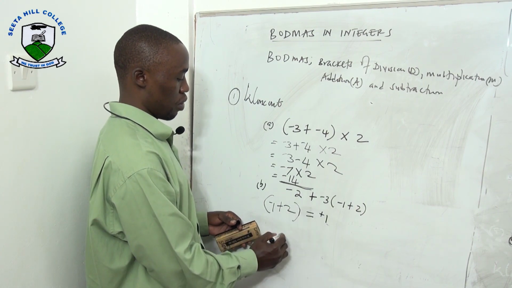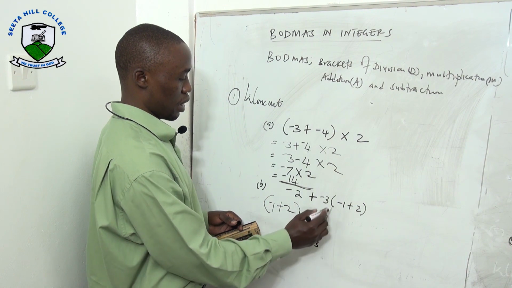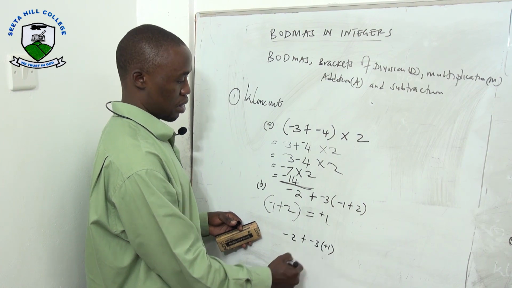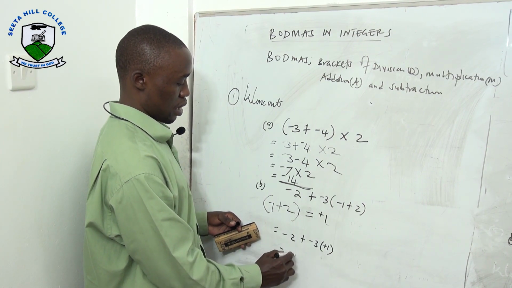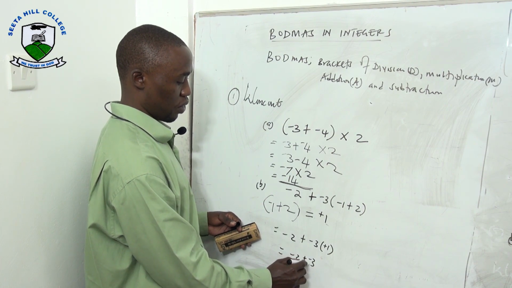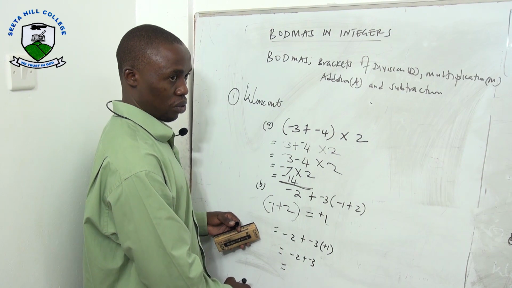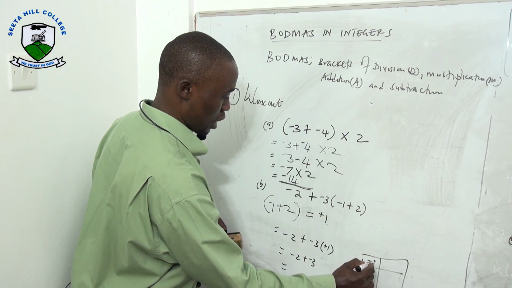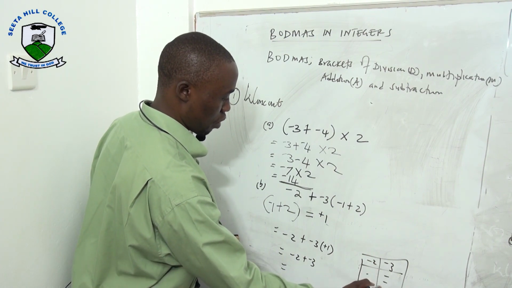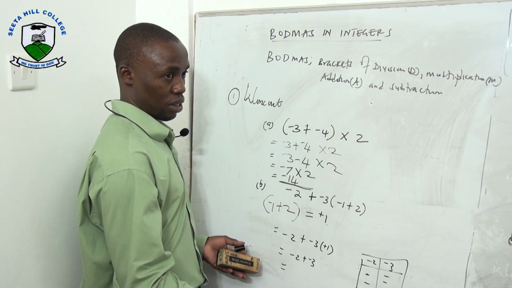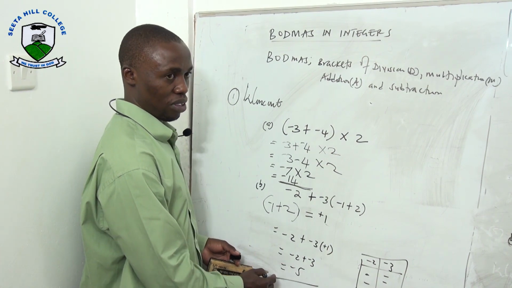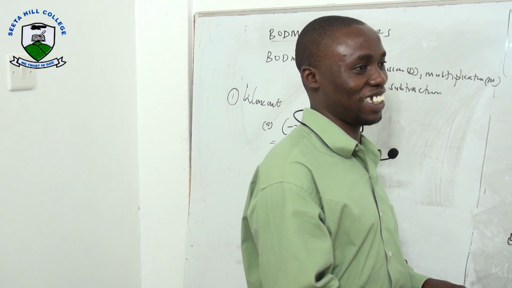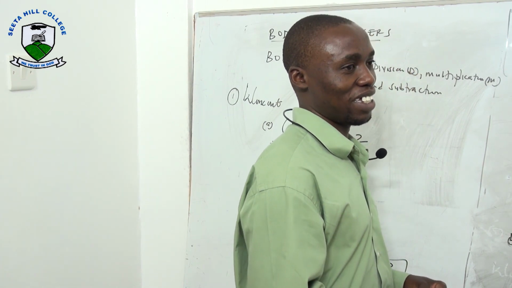Then she would now handle this, negative 2 plus negative 3, and then the brackets first. Therefore, you'd have negative 2 plus negative 3, which gives negative 5. Is that what she got? Coincidence? I got negative 5. That was so miraculous.